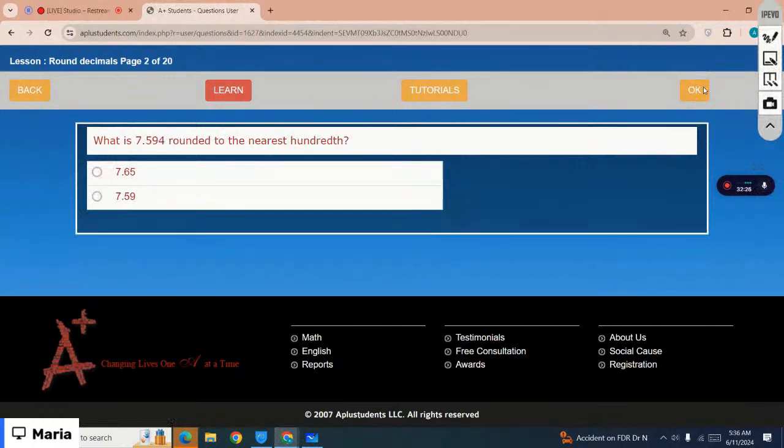What is 7.594 rounded to the nearest hundredth? So which is the correct option?